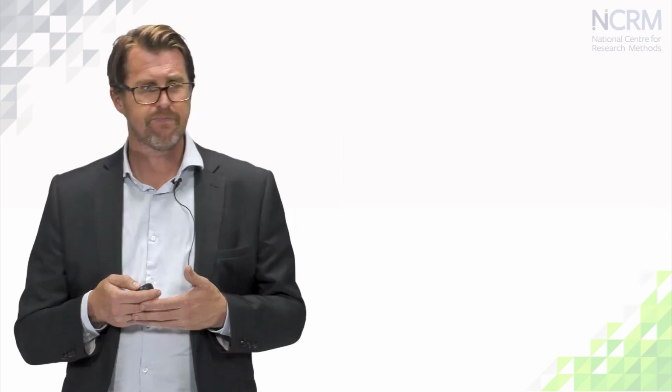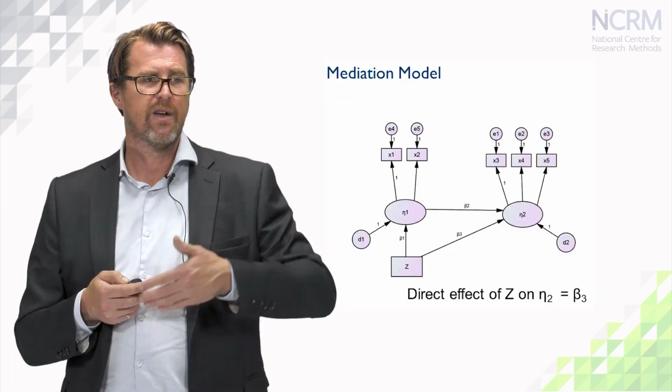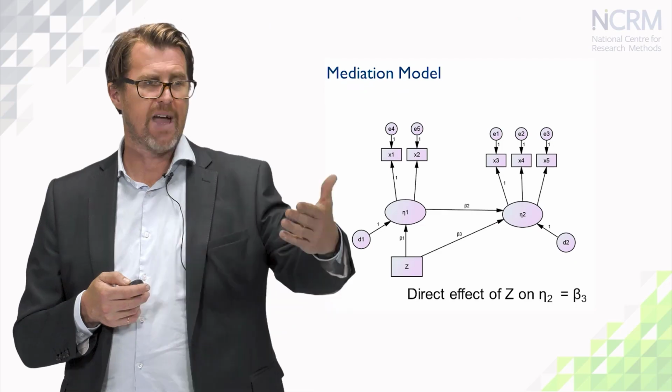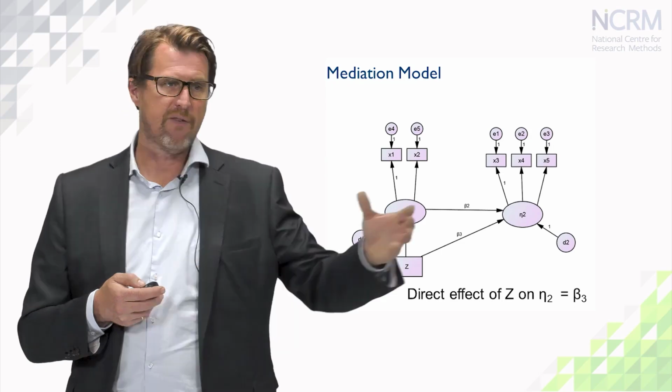We've seen a couple of examples of path diagrams with mediation already. Here we see an example where we have eta 2, a latent variable, which is regressed on eta 1, and we have a third variable z, which is our exogenous variable here, and we can look at the different effects that z has on eta 2.